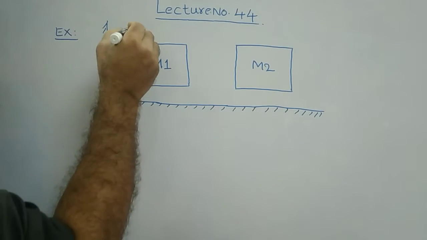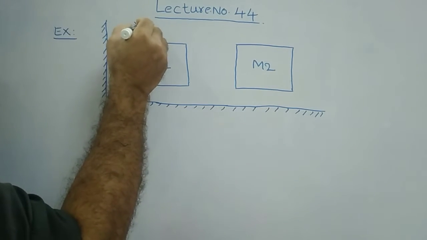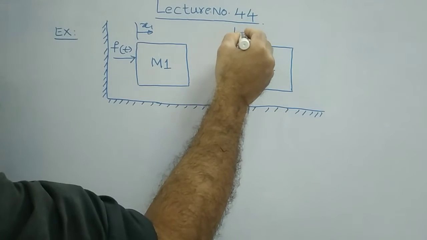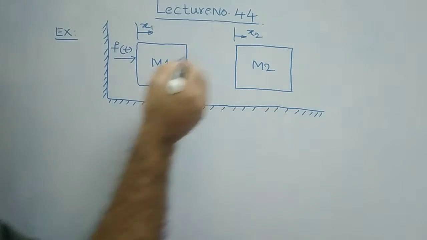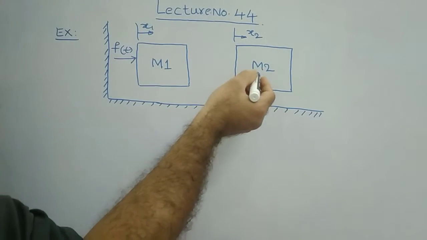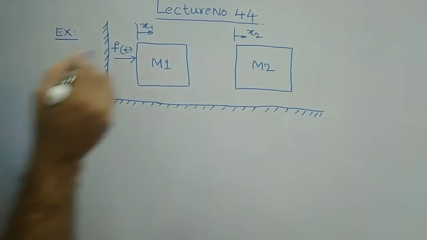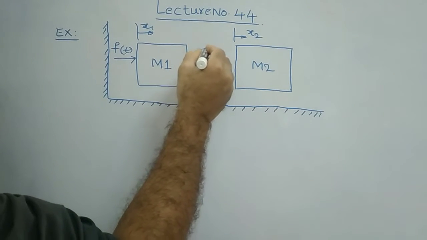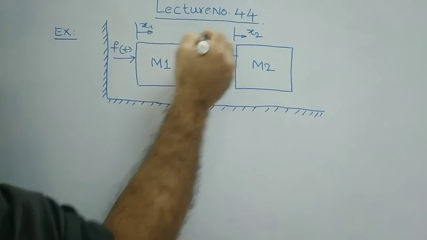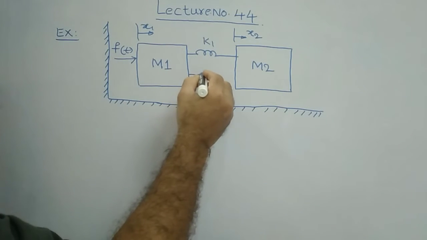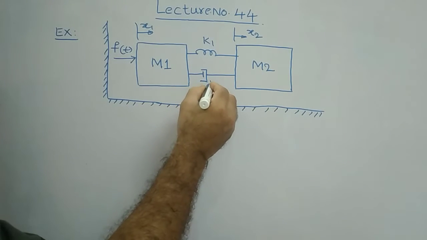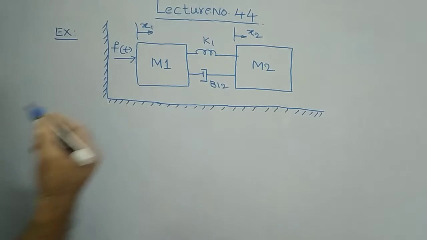The displacement is x1 here, and here the displacement is x2, because with respect to m1 the displacement is x1, and with respect to mass element m2 the displacement is x2. There is a common spring constant between these two, k1, and the frictional coefficient between these two is b12.